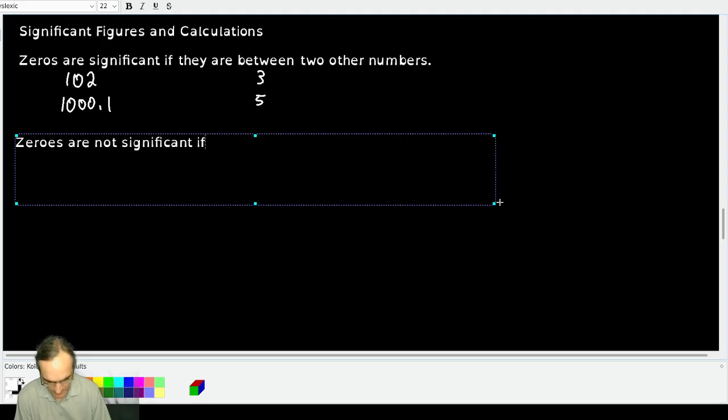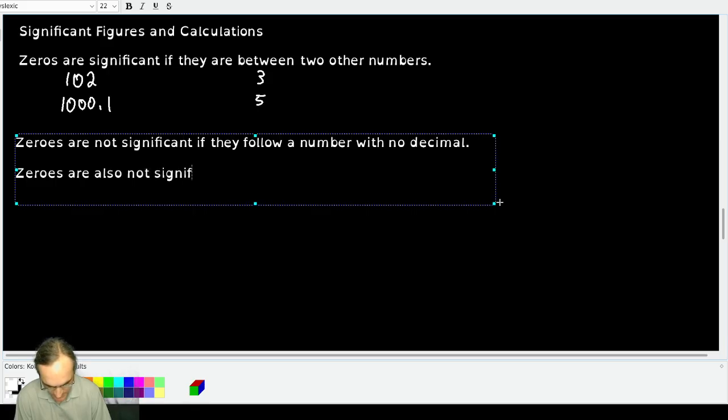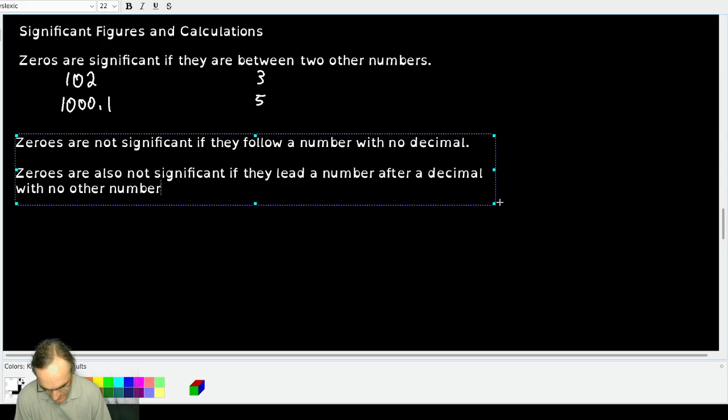Zeros are not significant if they follow a number with no decimal involved, and they're also not significant if they lead a number after a decimal with no other numbers in front of them.